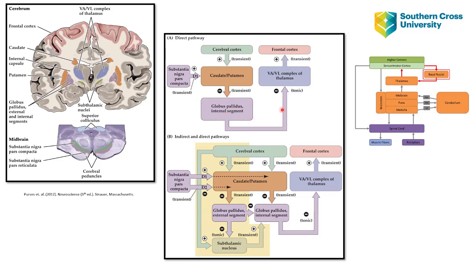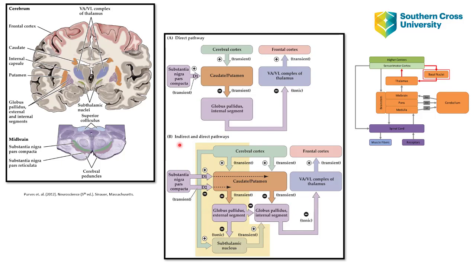If we inhibit the inhibitor, it leaves the thalamus free to drive excitation back onto the motor cortex. So the net effect of this pathway is excitation back onto the motor cortex. So now you can start to understand how we drive the intensity of our actions up.